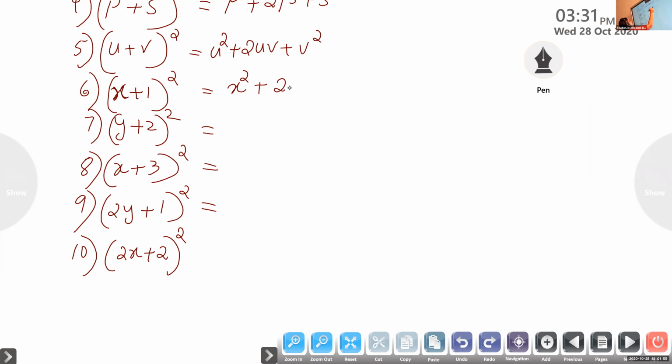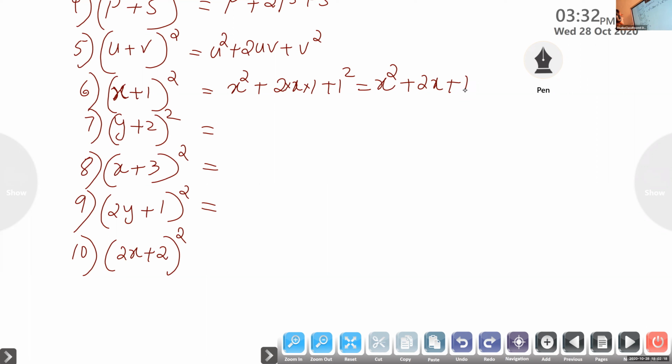So a is x here, b is 1, plus 1 square. So it is x square plus 2 into x into 1, which is 2x, plus 1. So x square plus 2x plus 1.